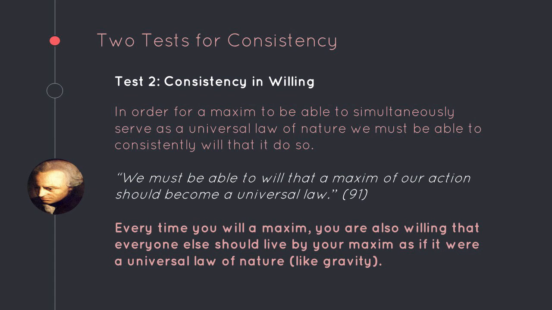So every time we make a choice and we adopt a maxim, Kant says that we're also willing that everyone else should live by the maxim as if it were a universal law of nature like gravity. That's what the good will does. The good will adopts a maxim and says, I will do this, and then sort of looks around and says, and everyone else should do this too, because this is what's right, this is what's good.